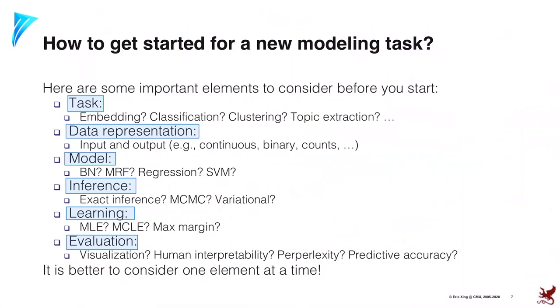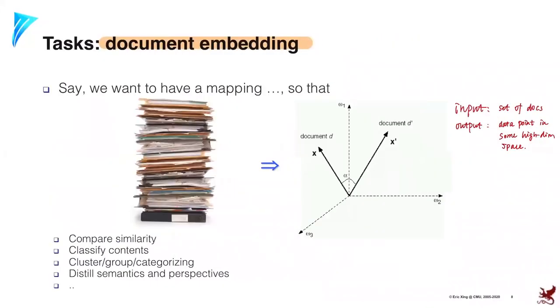So the important elements to consider include the task, the data representation, the model, the inference, the learning, and the evaluation. So we will follow these important elements and introduce the LDA application step by step.